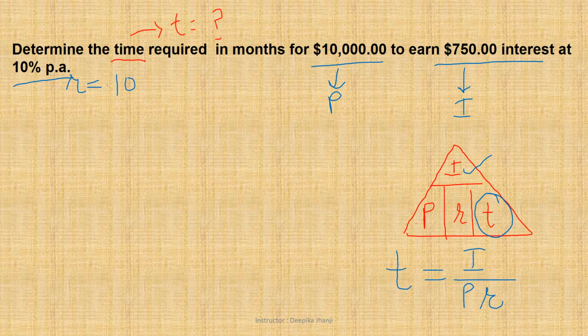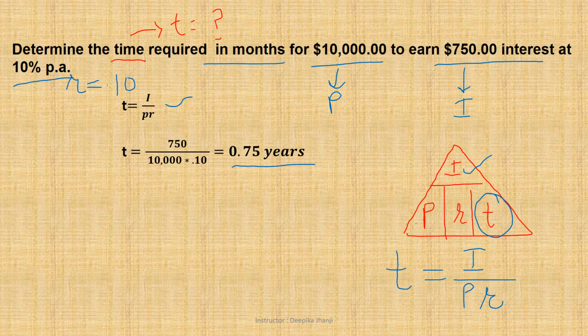So our formula is T is equal to I upon PR. Let's plug in all the values here. So we get 0.75 years, right? Because in the formula, T is always in years. But here in this question, we need to calculate time in months. So we multiply by 12 to convert time into months. This is 9 months.